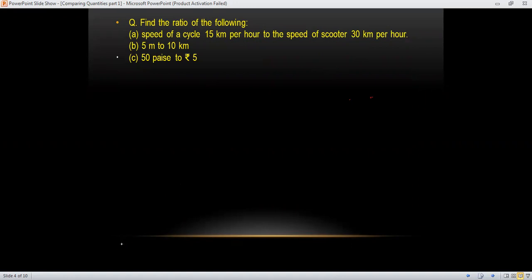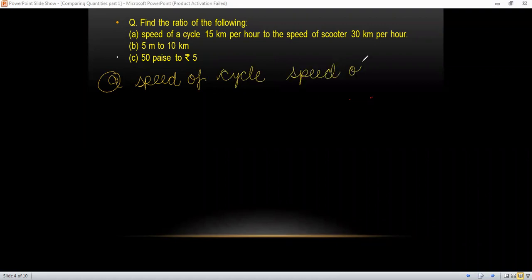Here we have to convert the question into a ratio. How can we write it in ratio? Let's see. Speed of cycle to speed of scooter.